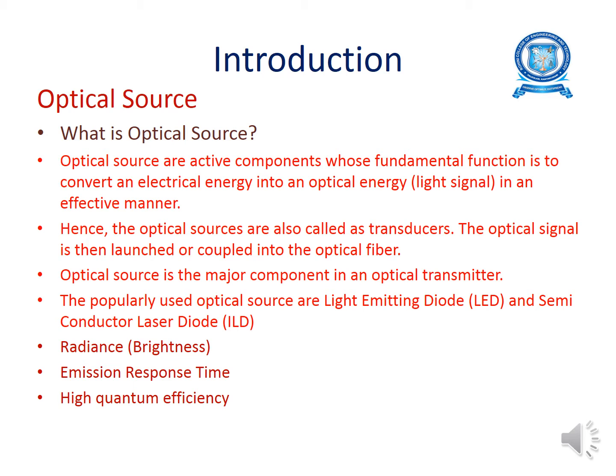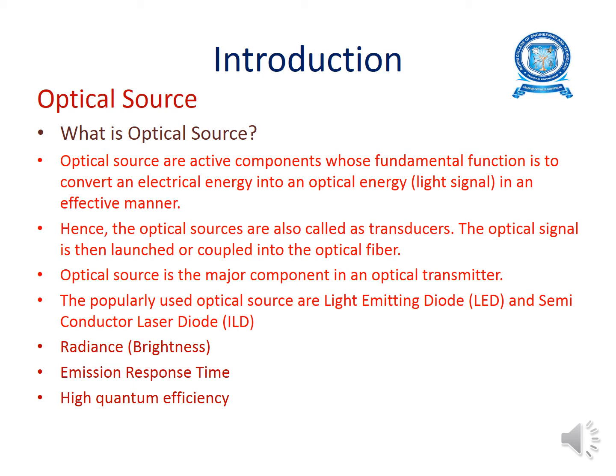The popularly used optical sources are the light emitting diode, LED, and the semiconductor laser diode, that is the injection laser diode, ILD. LEDs and lasers are required in optical fiber transmission systems as a light source because of their compact size, high efficiency, good reliability, and light and correct wavelength range.